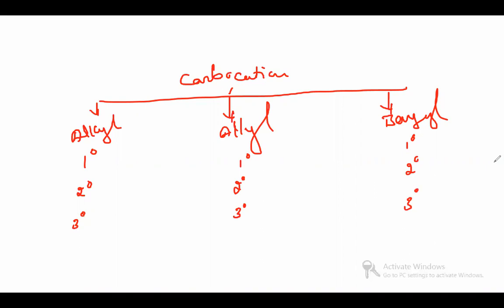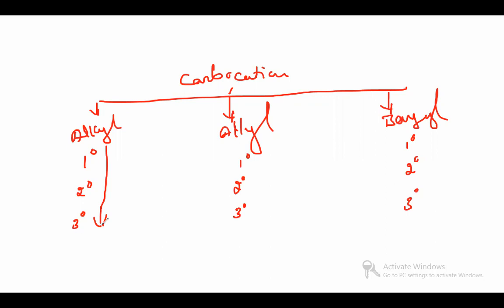So this is how the effect will take place here. The carbocation stability increases from 1 degree to 3 degree, tertiary, in increasing order. Stability, we can say, is 1 degree, 2 degree, 3 degree cations.